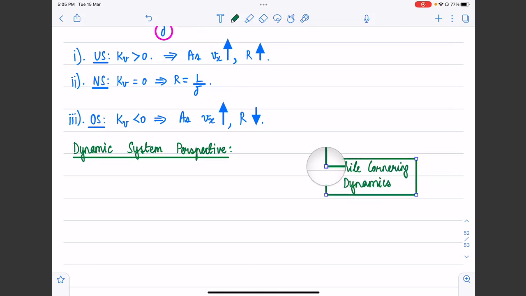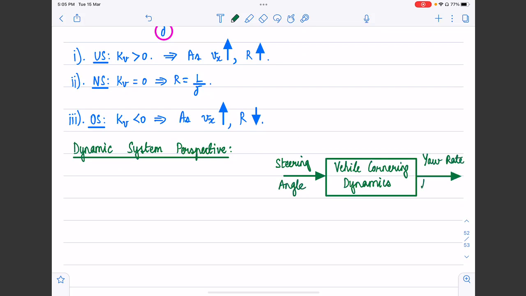If this is my interest, we know that the input to the system, from a dynamic systems perspective, is going to be the steering angle. The steering angle is the input, and there can be multiple outputs, depending on our visualization. We could have yaw rate as one.